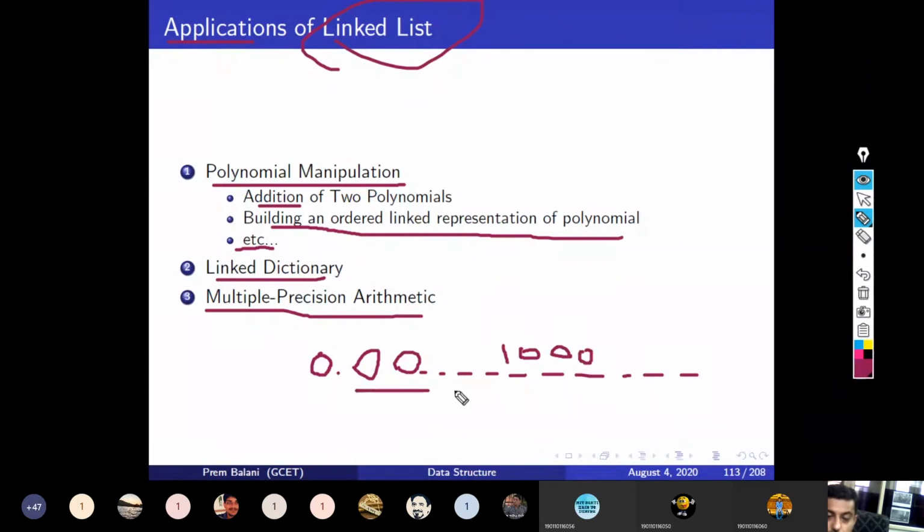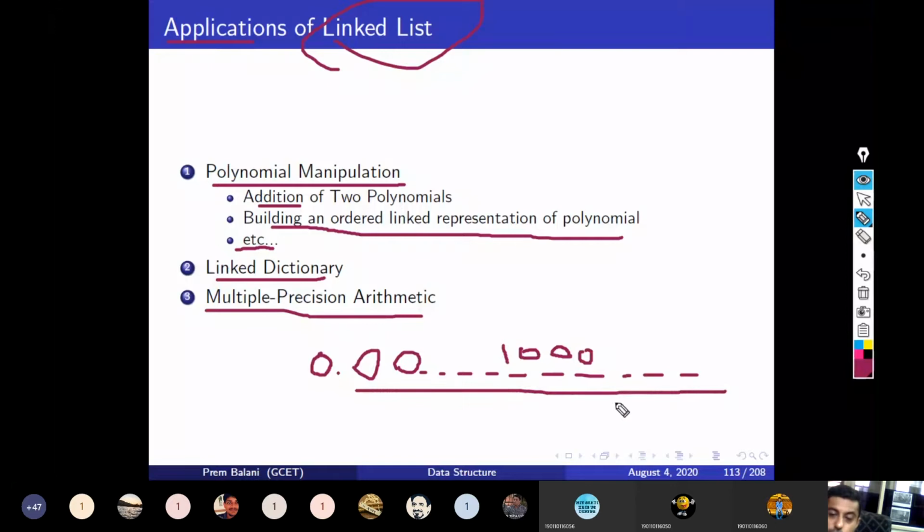So 1000 decimal places of precision, suppose you want, right? In that case the calculator or even a supercomputer will fail to give you such a long precision, right? So for that multiple precision arithmetic, you can use the linked list, right?